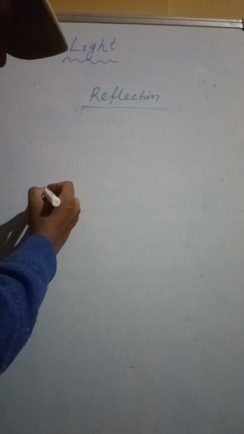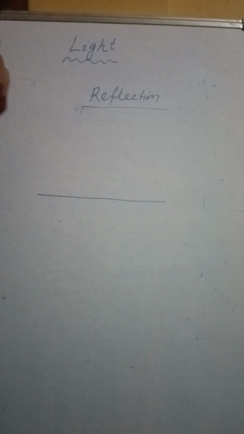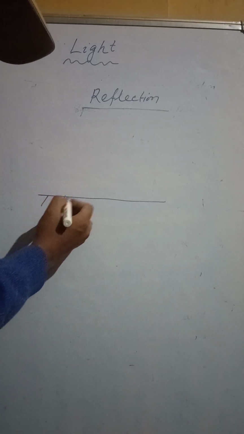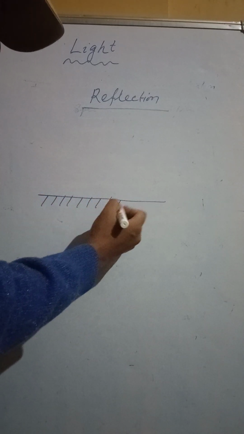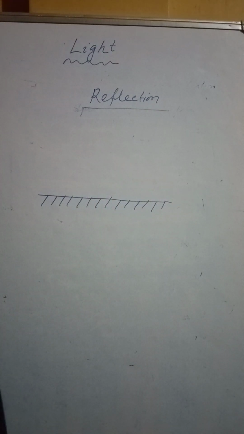So there are two rules of reflection. Suppose this is a mirror. Any type of surface will not reflect totally. Usually a shiny or polished surface reflects most of the light.